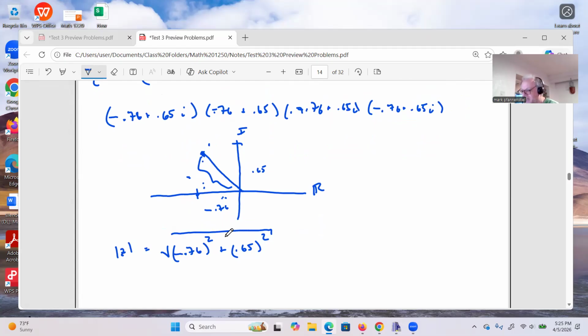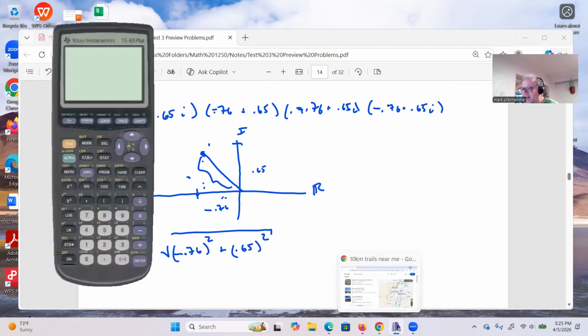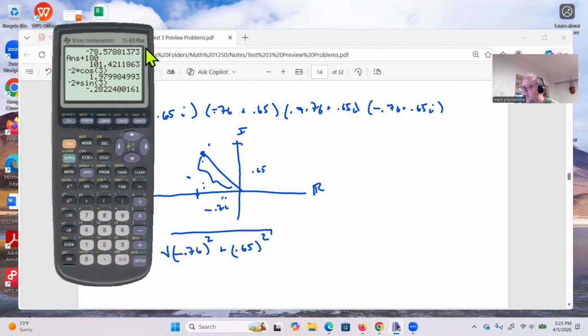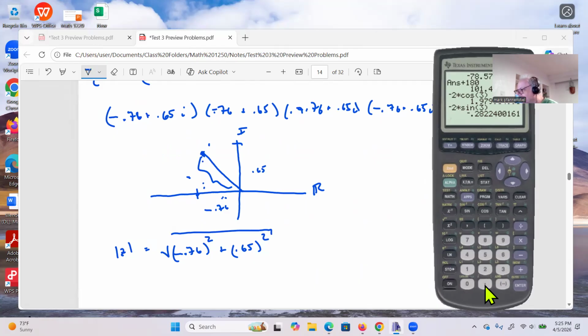Fortunately, I have a calculator sitting right here, because we're going to need something like that. So we have 0.76 squared, plus 0.65 squared, and we'll figure out what that is.